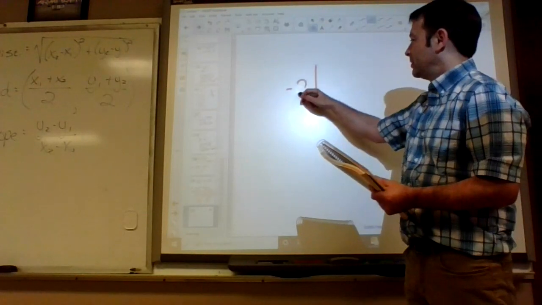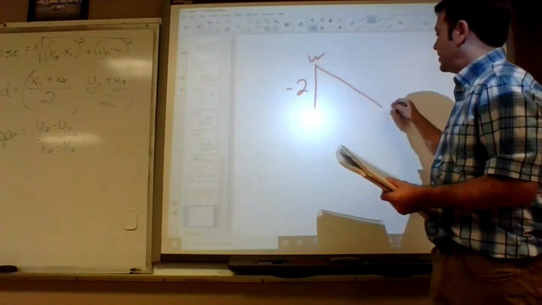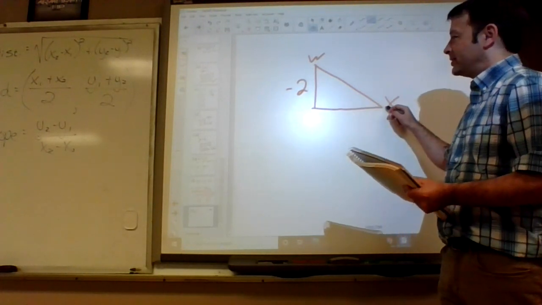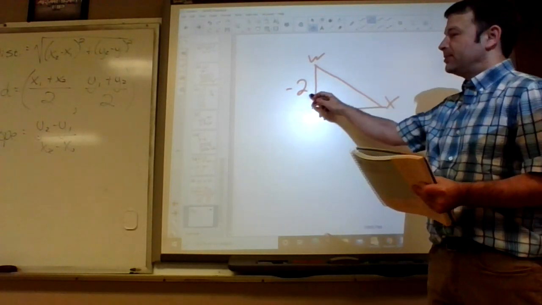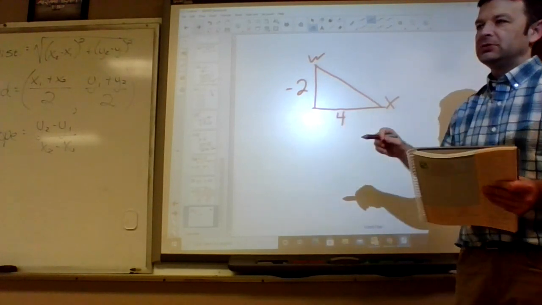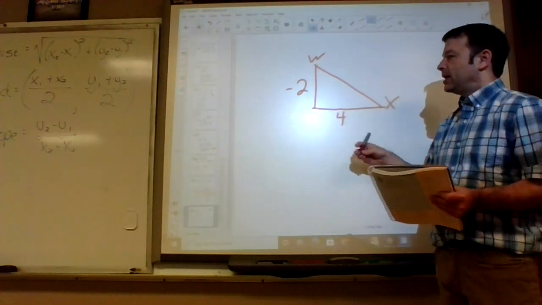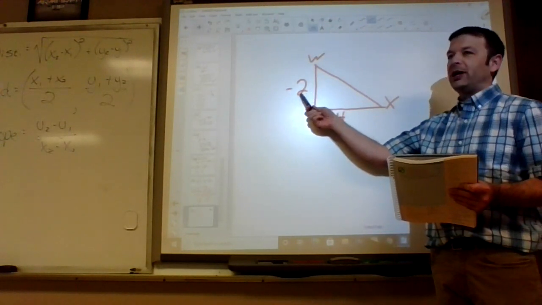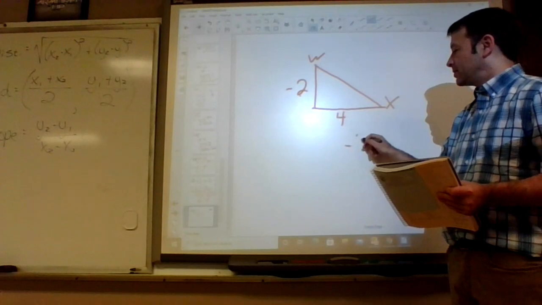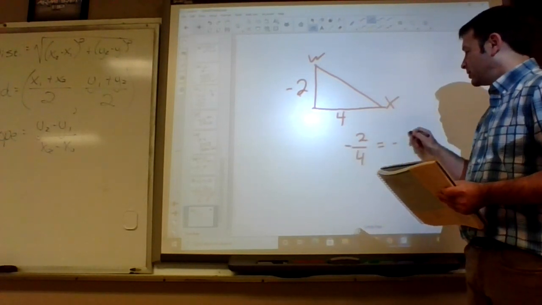Negative 2. W is here and X is here, so it's rising negative 2. How much does it run from W to X? It's 4. Okay, the slope is rise over run, negative 2 over 4. What does that reduce to? Negative 1/2.